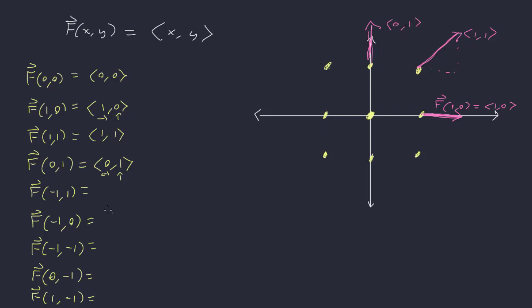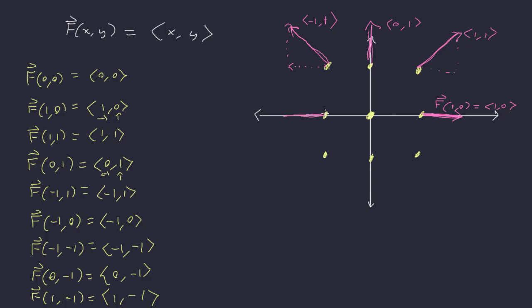And if we were to fill these out, again, this one isn't that bad. We'll get the following table of vectors here. So at the point -1, 1, we'll get a vector that goes in the negative direction 1, but up 1. Right? So here's -1, 1.